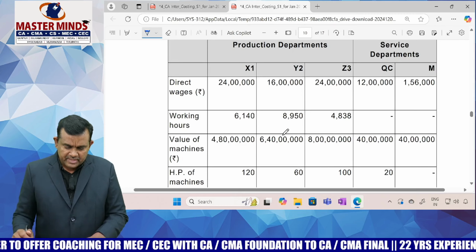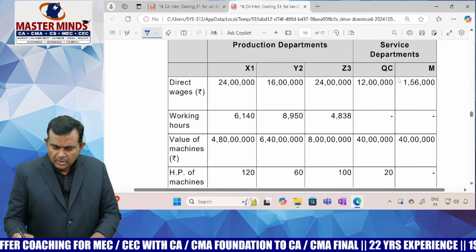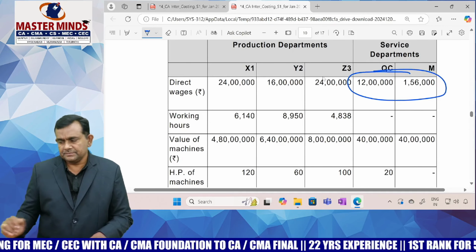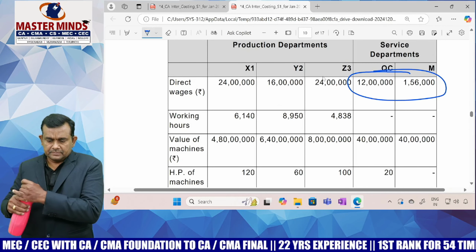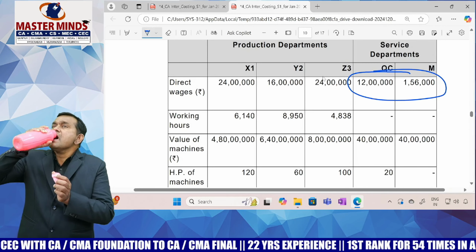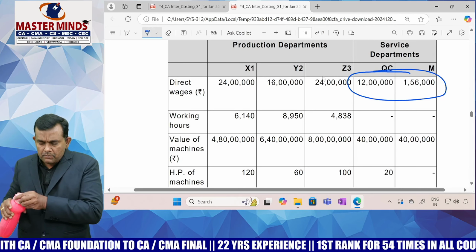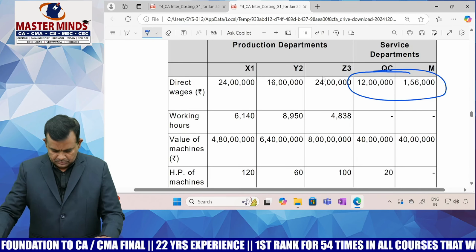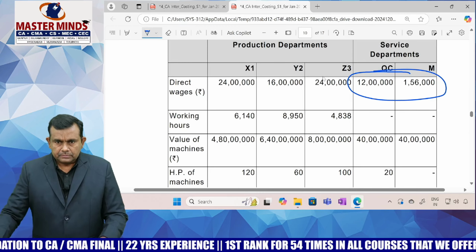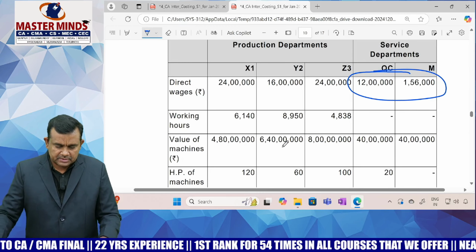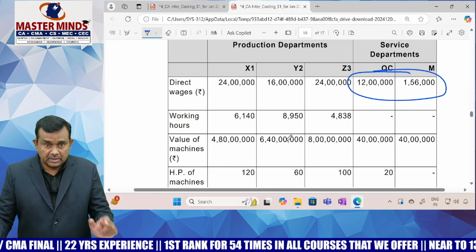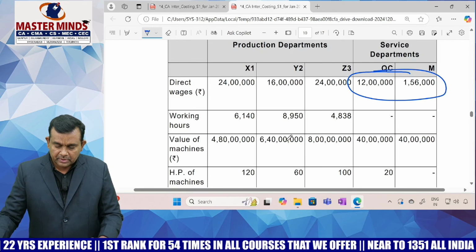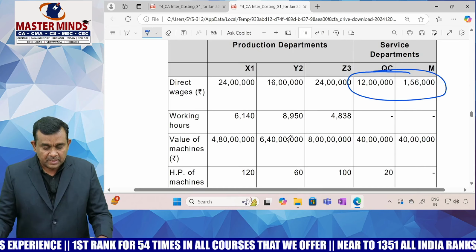So your direct wages, sir. Service department direct wages nothing but overheads, sir. Service department overheads and service department direct wages nothing but overheads. So take that these two, 12 lakhs and 1 lakh 56.